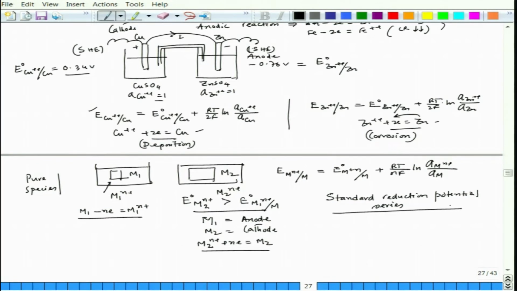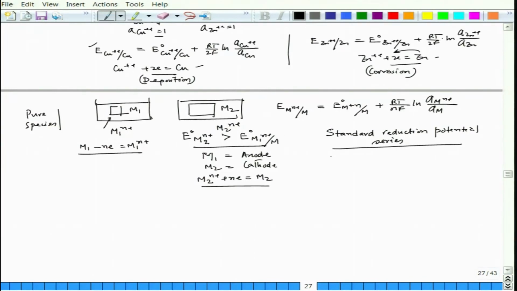For example, if I try to point out, here you will get Au, Au 3 plus, E 0 value would be 1.498 volt, and this is all with respect to the standard hydrogen electrode. This is gold.